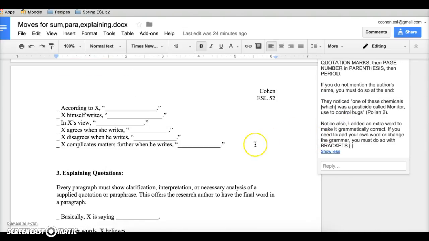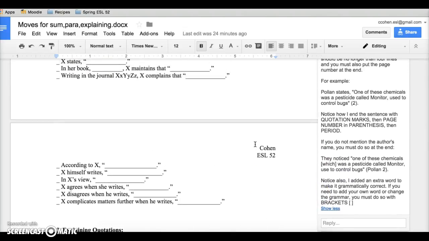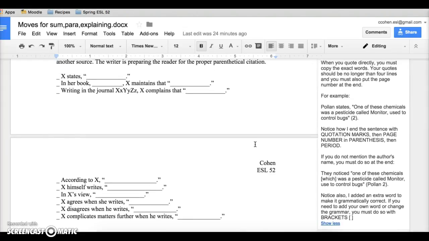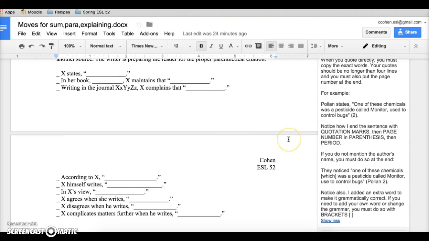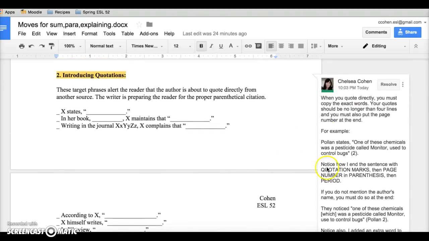Because in the forum, you're going to find one quote, paraphrase the quote, and ask a question, just like we did on Monday. But this time it's with Michael Pollan. Again, read this note I wrote here on the right very carefully, because this is talking about how to integrate the author's name and page number with the correct punctuation and formatting.